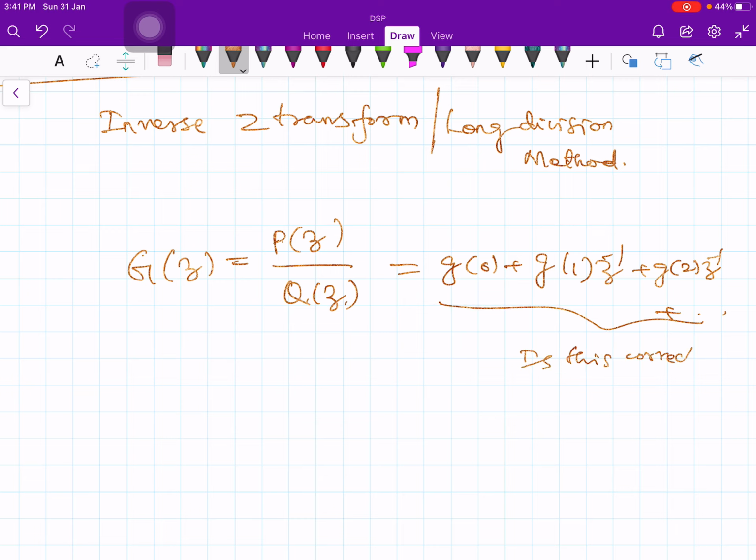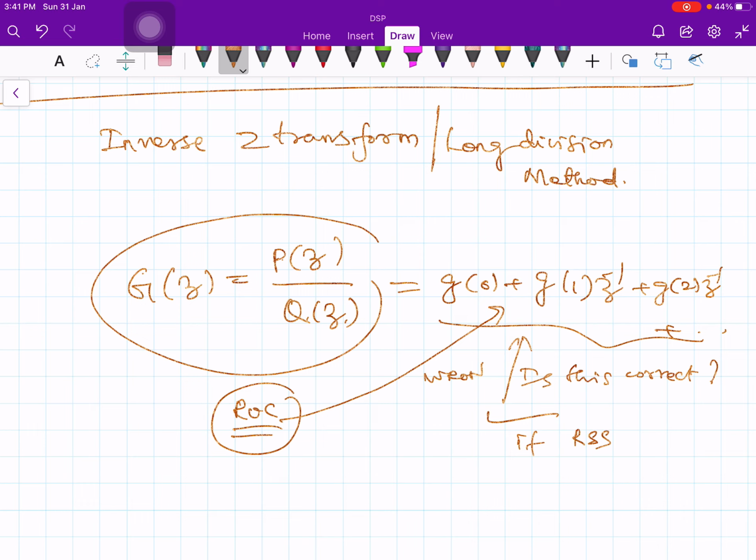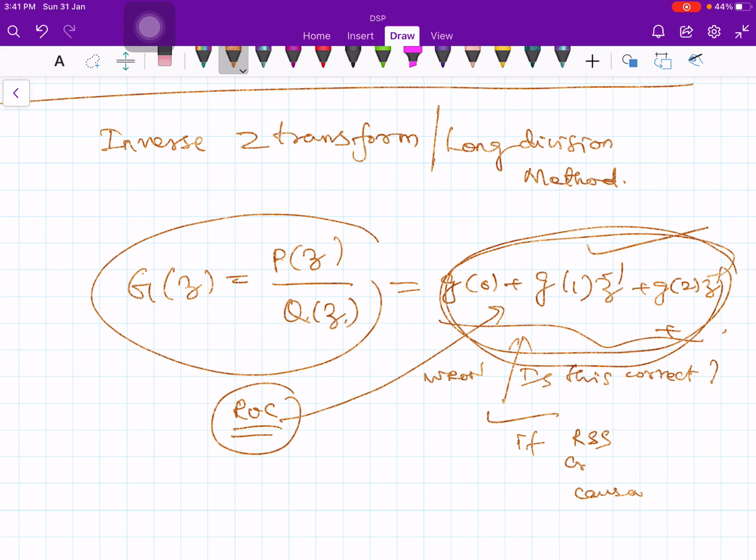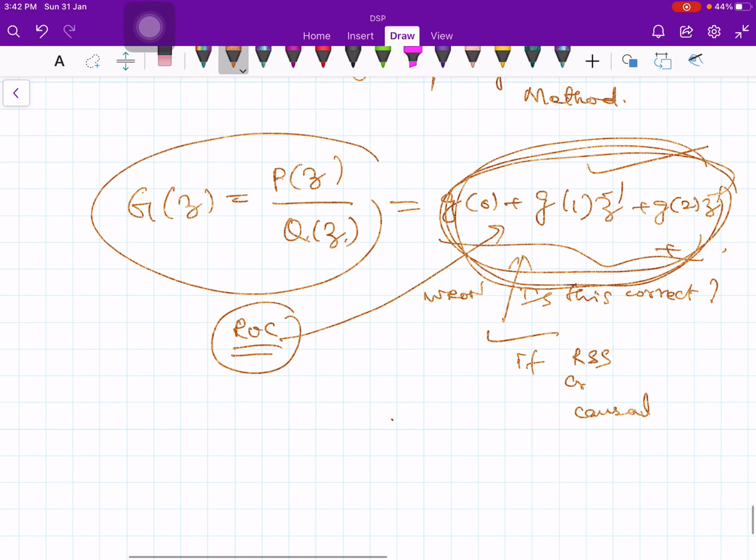This is correct if the sequence is a right-sided sequence, or it is causal, then this formula is correct. If it is causal, then this will be a correct representation. On the other hand, if it is anti-causal, then you have to express this long division such that your quotient is a polynomial in Z. For causal, the coefficients are in the polynomial of Z inverse.